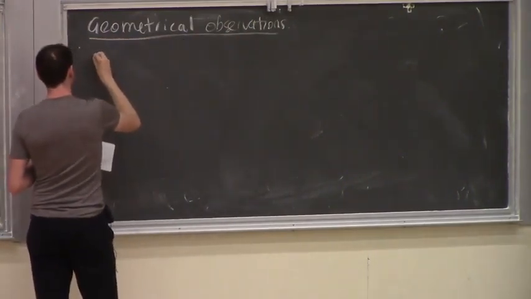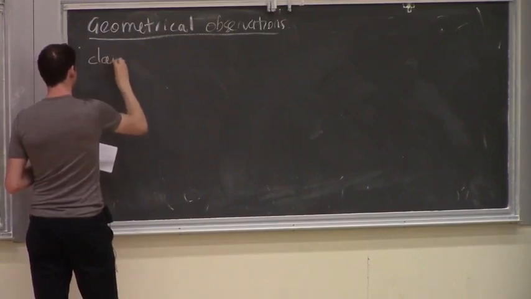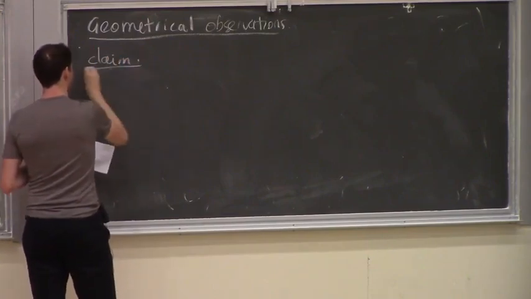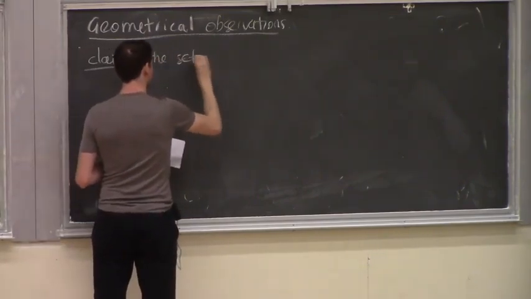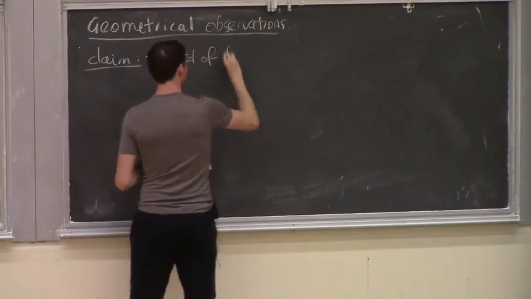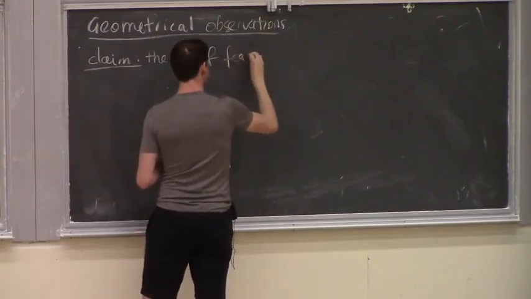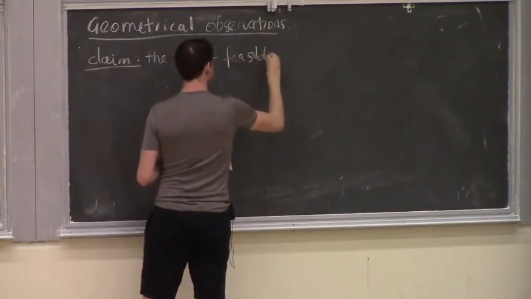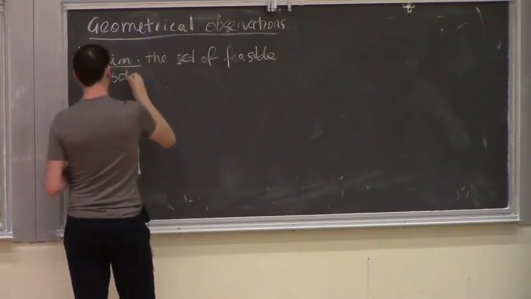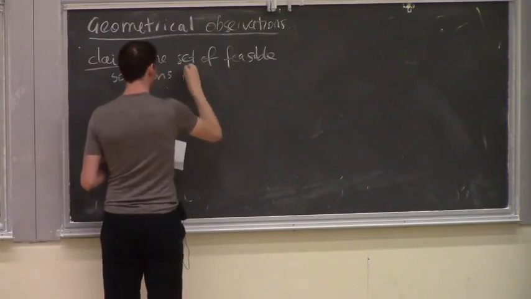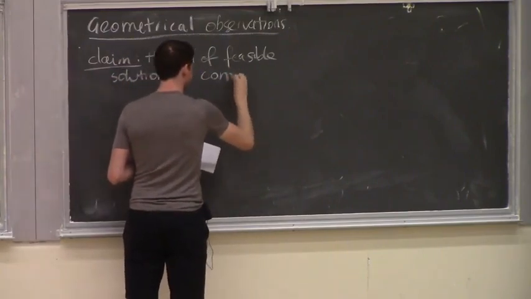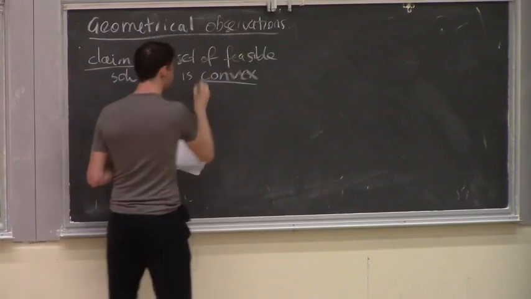The first thing we're going to do is argue that the set of feasible solutions for any LP is convex. We're going to use this very strongly.